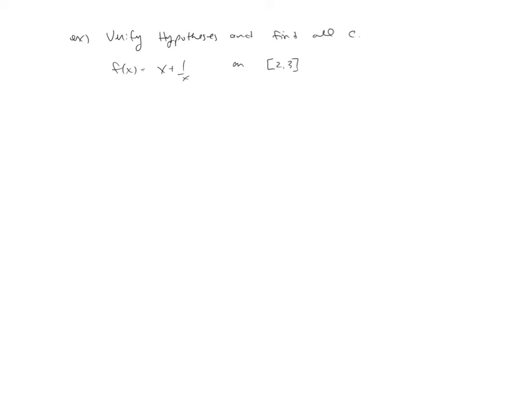Okay, so again, we're going to verify the hypotheses and find all c. So for the hypotheses, remember there's only two of them here. The first one, we need to confirm that we are continuous on the closed interval 2 to 3. And the second one, we need to confirm that we are differentiable on the open interval 2 to 3.